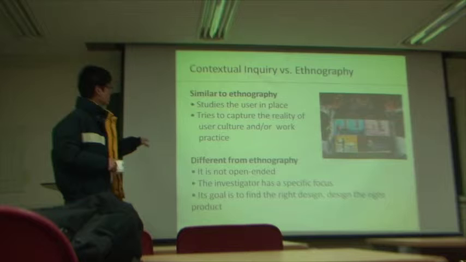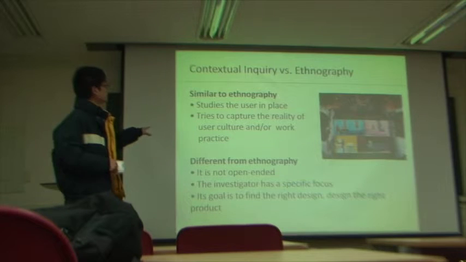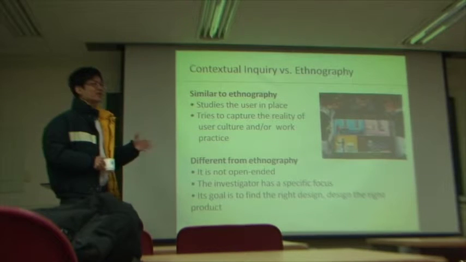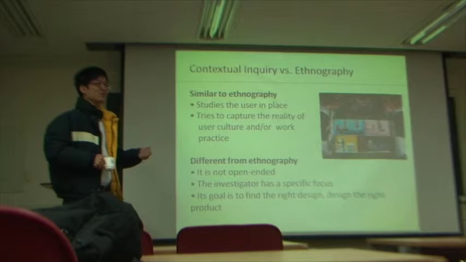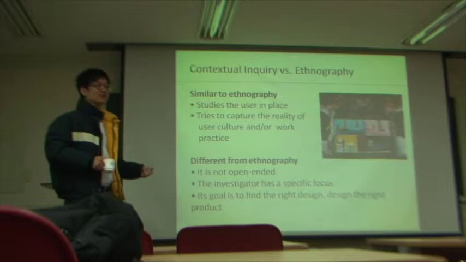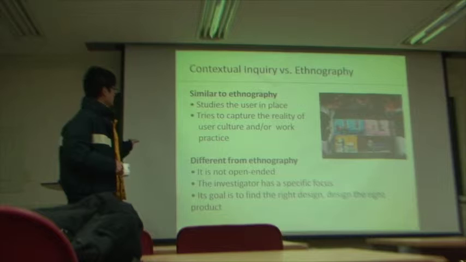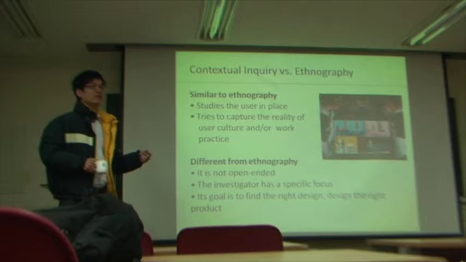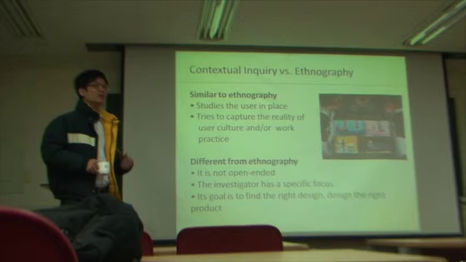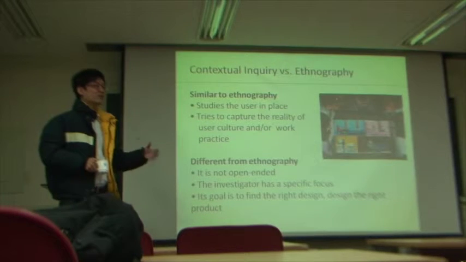The difference is that ethnography is open-ended. You jump into the field without preparing anything. It's a grounded theory approach. But in contextual inquiry, normally when we go to the field, we have prepared some questions, or we already know what we are trying to look for.